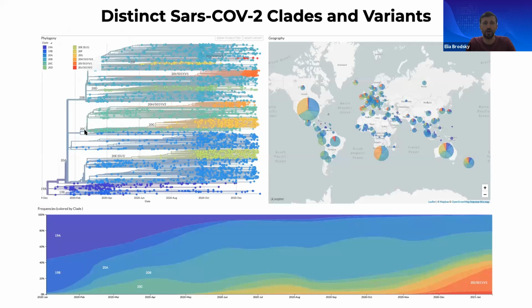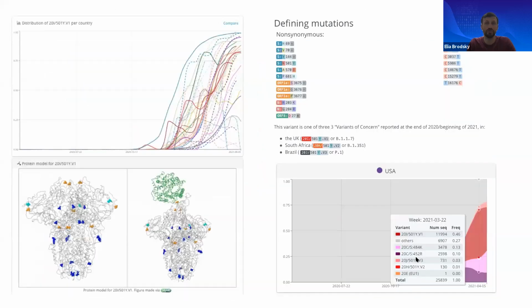So again, as you know, there are many different distinct SARS-CoV-2 clades and variants that define them. These have been over time separated into more and more clades, and so it's important to continuously monitor those. Here's an example where you have specific non-synonymous and synonymous mutations that define the 20I, or the B.1.1.7 UK variant.